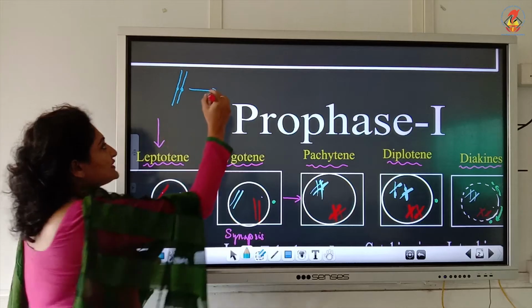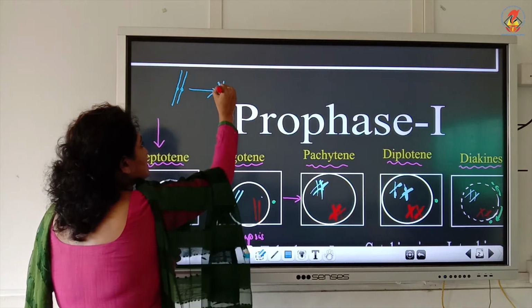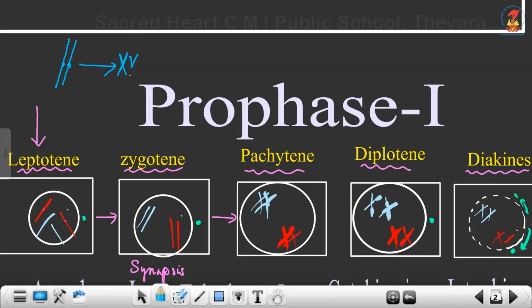When they further condense, you can see the X-shaped structure. Now this we referred to as bivalent. And now when it condenses further, it becomes thick and visible as X-shaped structures. This is referred to as tetrads.